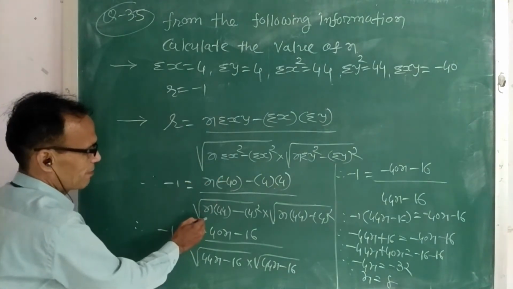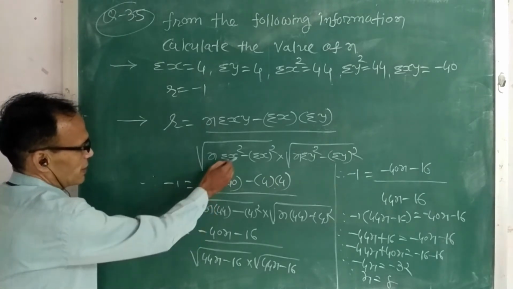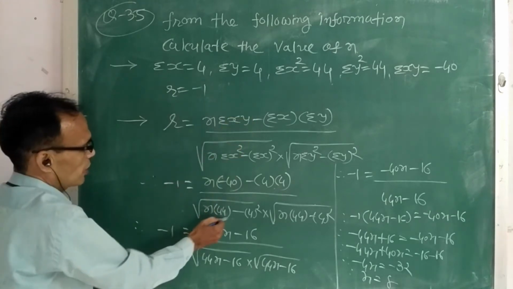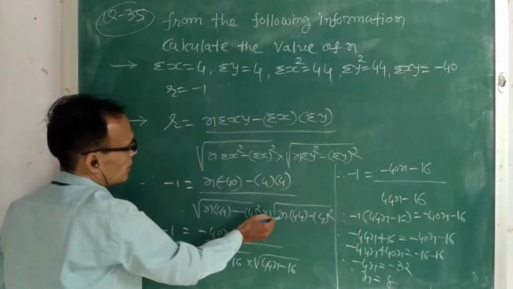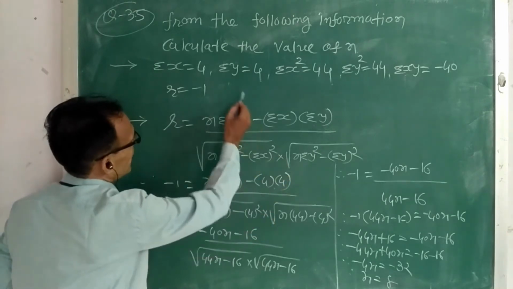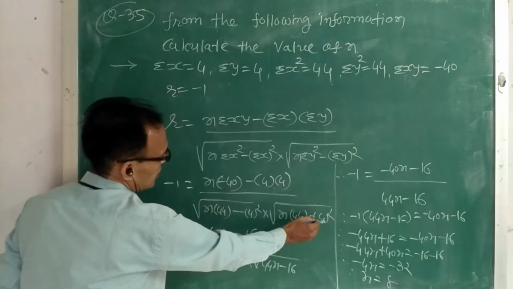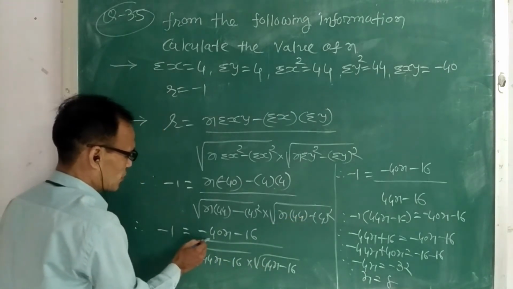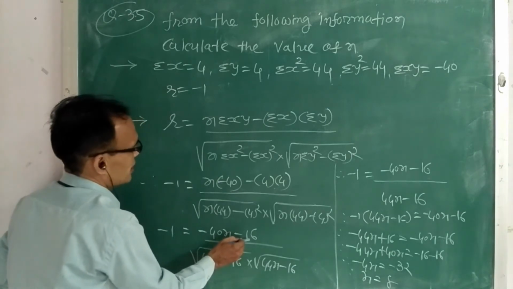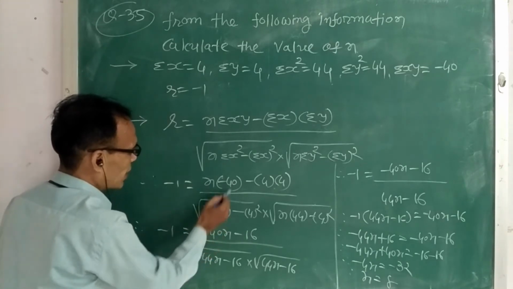We do not know n, we have to find it. So minus 1 is equal to n sigma x square, that is 44, minus sigma x, that is 4, whole square, into root of n sigma y square, that is 44, minus sigma y, that is 4, whole square. Therefore, minus 1 is equal to minus 48 minus 16 upon root of 44n.